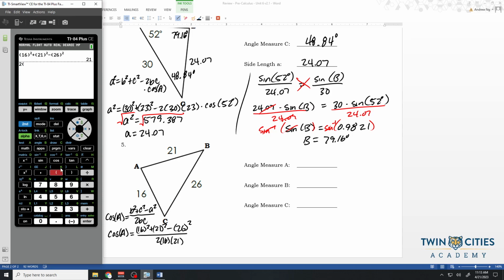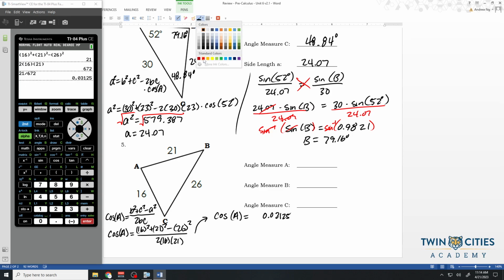And the bottom part is 2 times 16 times 21. So 2 times 16 times 21 is 672. 21 divided by 672. I've got cosine of A is equal to 0.03125.